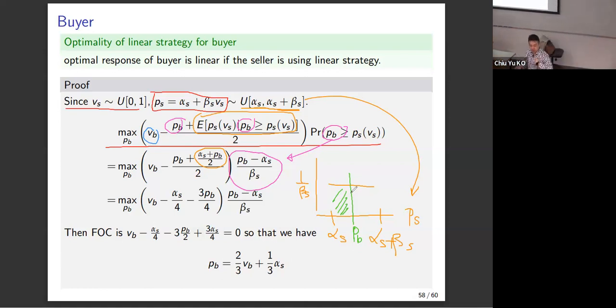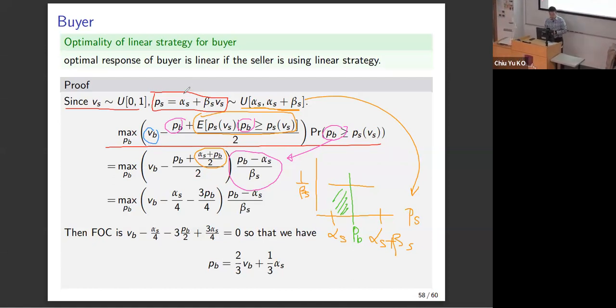You have to flip it and do it again. That is, if the buyer is linear, the seller is linear, then you can prove linear is an equilibrium. That's very important. You can't simply say, let's have a linear equilibrium and solve it. No. You have to show that if you are linear, I'm linear, then you can solve it out. This is a rather standard technique.